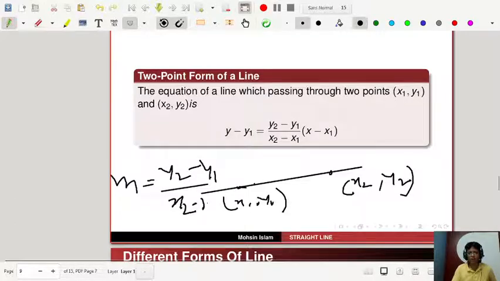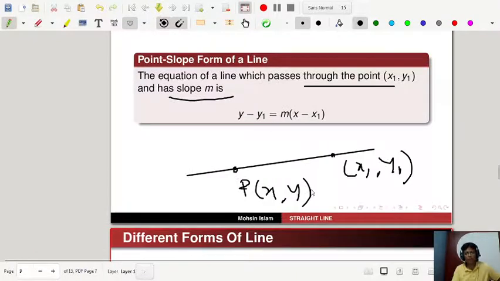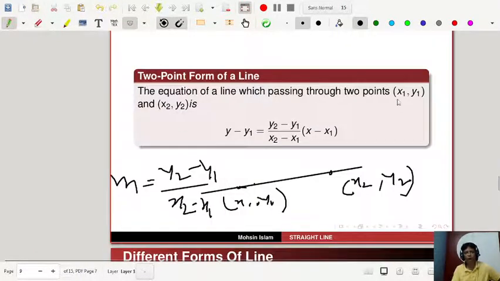Already we have learned this in the beginning, because this is the slope formula. If you don't know the inclination, and you substitute m in the previous formula, you can get this two-point form of a line.